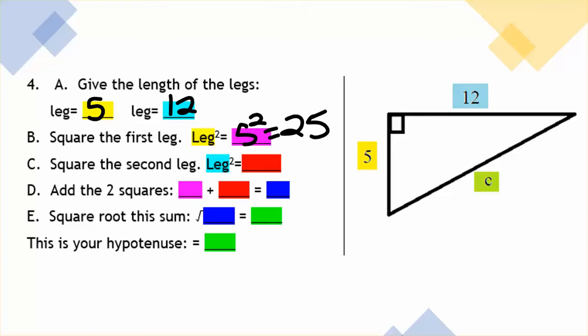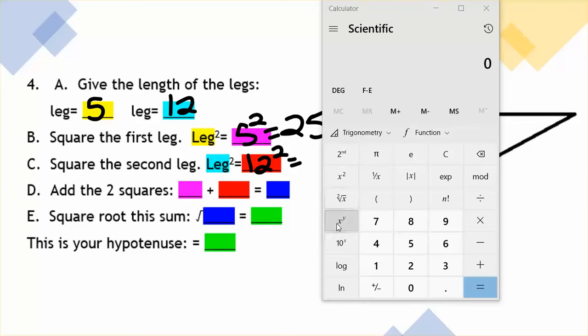The second leg was 12. So now I want 12 squared. So back on the calculator. First, I'm going to use the squared key. So 12 squared is 144. Or again, showing you how I could take 12 times 12.